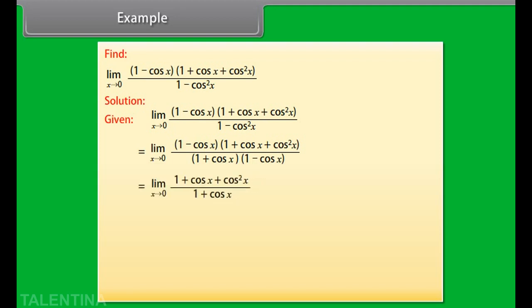Limit x tends to 0 of (1 + cos x + cos² x) divided by (1 + cos x). 1 + cos 0 + cos² 0 divided by 1 + cos 0.